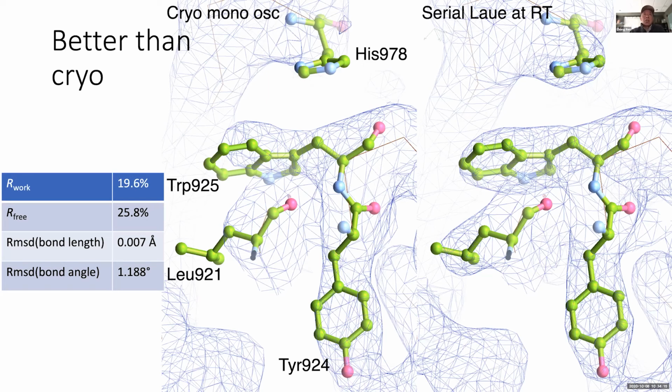The structure is solved, but as you can see, a lot of bulky residues are not really in the electron density. And then we also did the serial Laue at room temperature. The room temperature structure seems to improve those residues' density. And then the refinement looks reasonably good. But I have to emphasize, this is really a very difficult project.